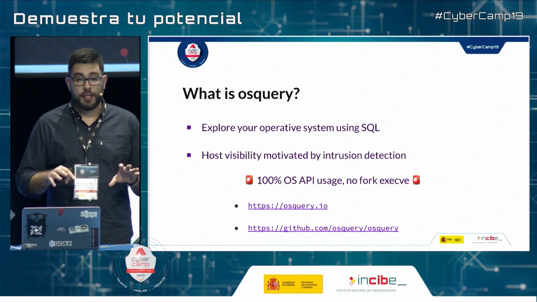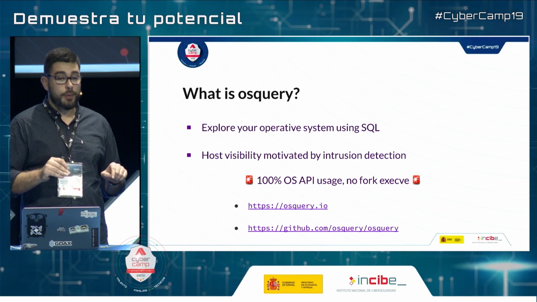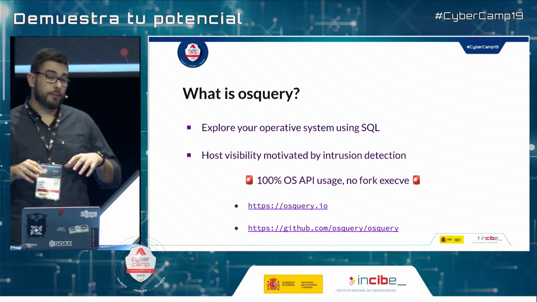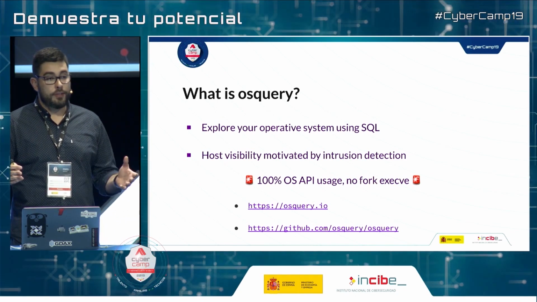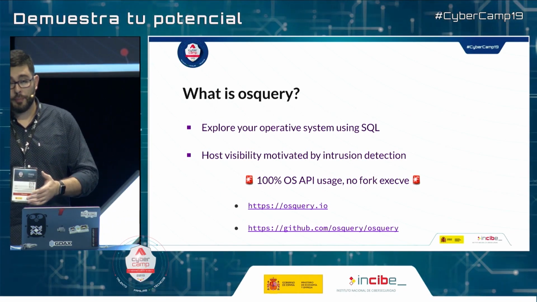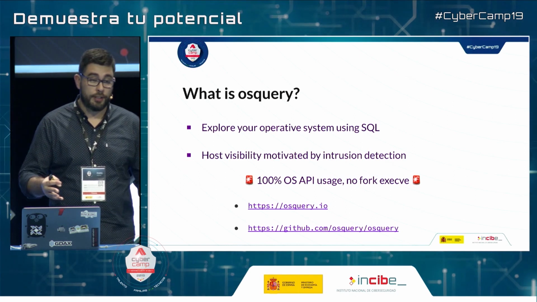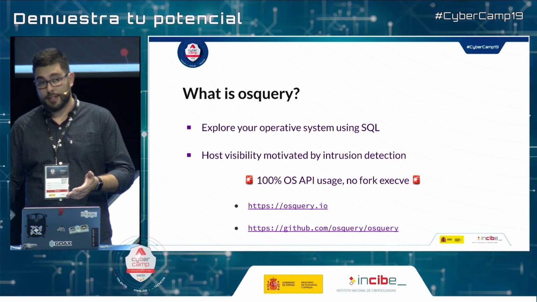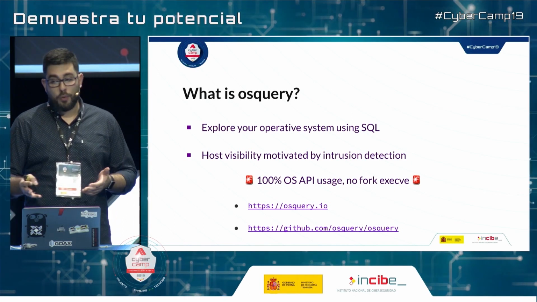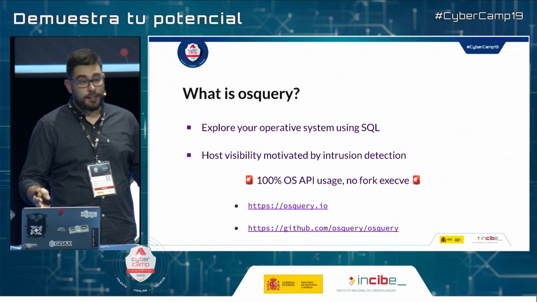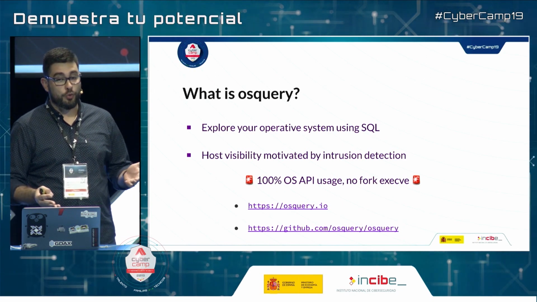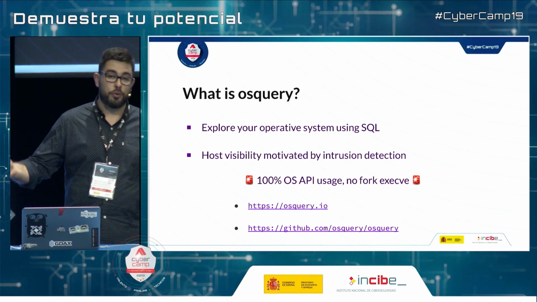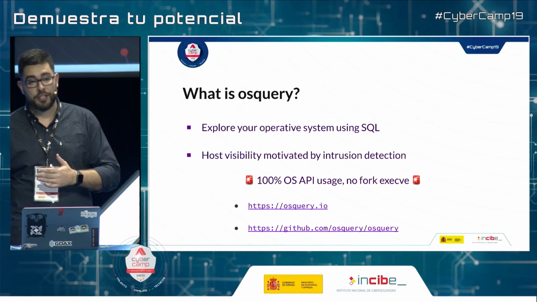So all the tables I'm going to show you later will be native code from the operating system of every platform that supports OSQuery. For example, if you want to know the processes that are running on a Linux system, it's going to show you a list, but you won't have to parse PS or any other thing that usually takes place in system administration to see how machines work.